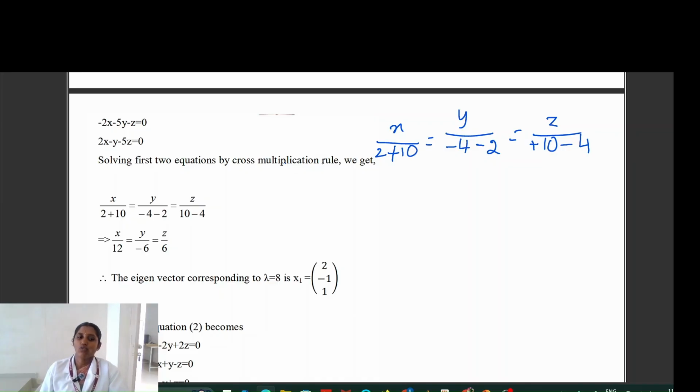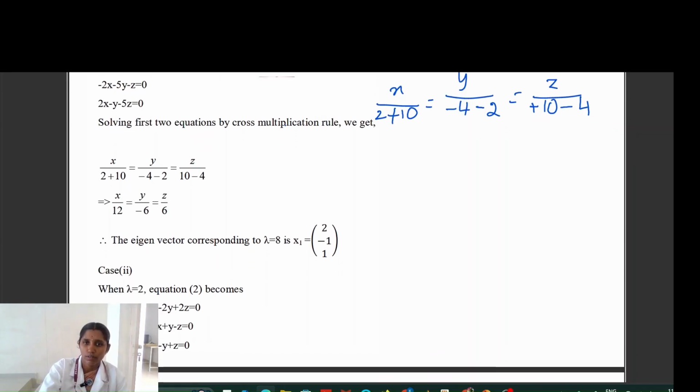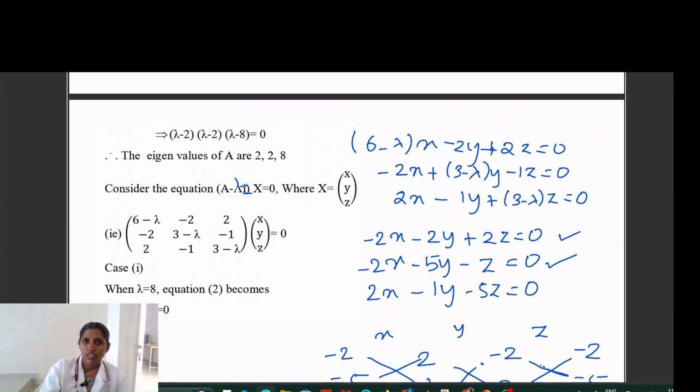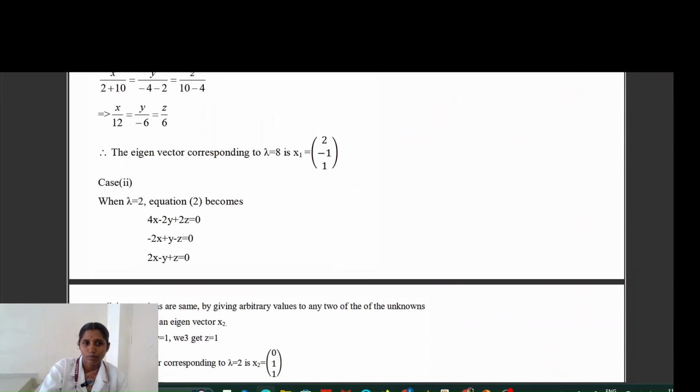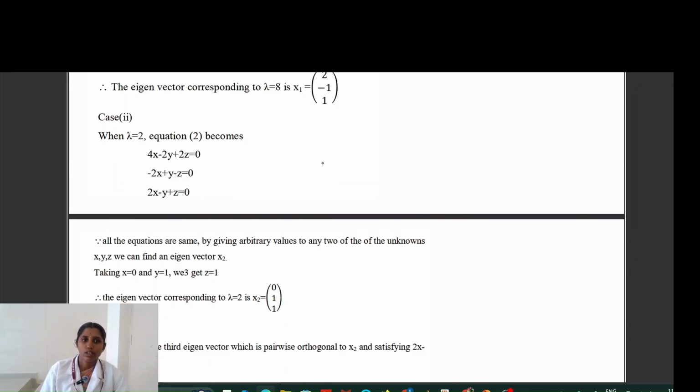In the next case 2, when lambda equal to 2, we substitute lambda equal to 2 in the three equations. We get 4x minus 2y plus 2z equal to 0, minus 2x plus y minus z equal to 0, 2x minus y plus z equal to 0.